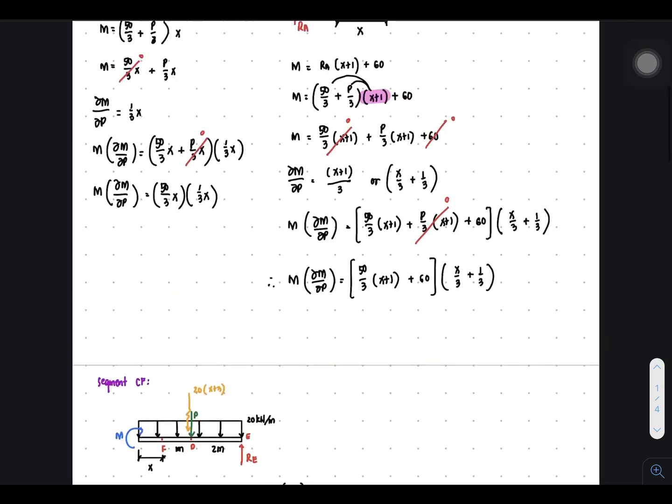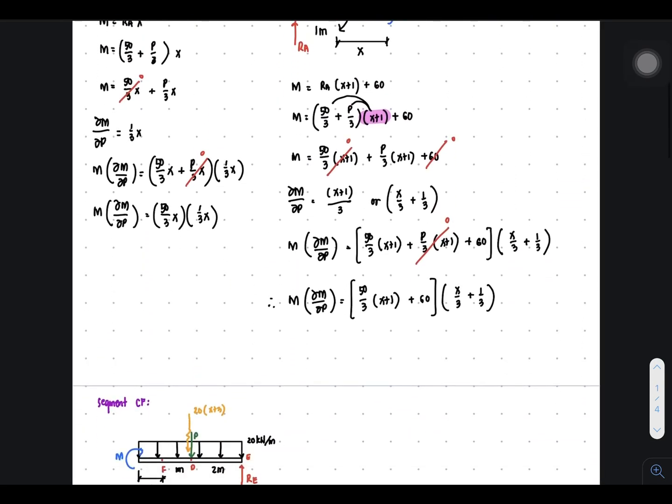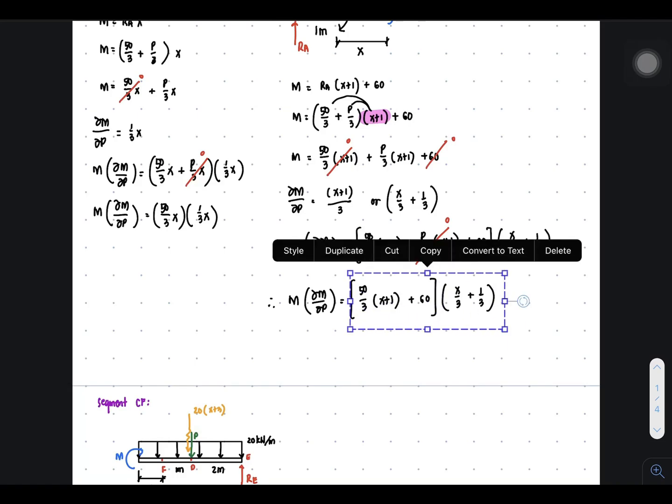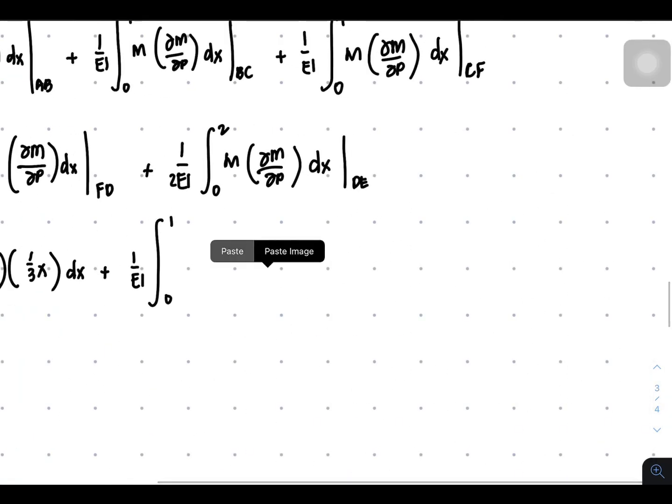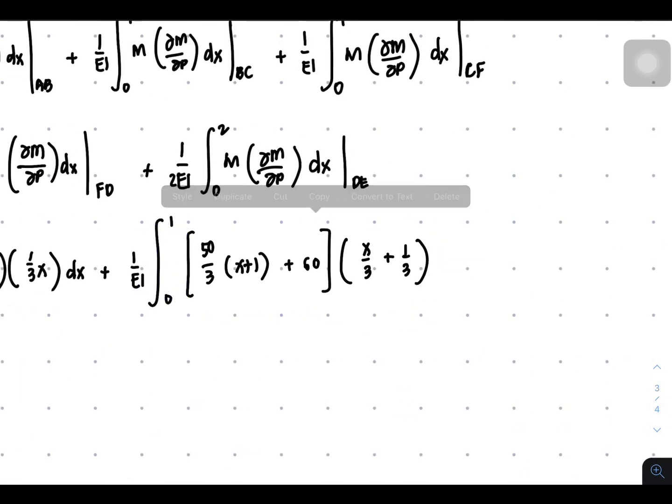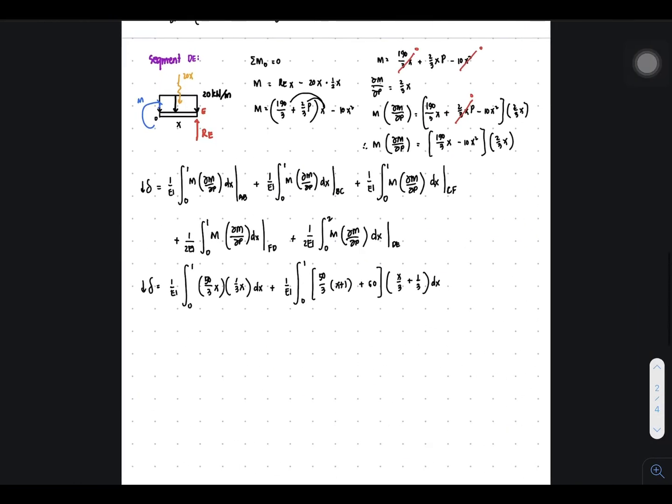So copy BC. Where is BC? Here. This is for BC. You are going to copy that. Paste it here. BC. So this is dx. Then plus the integral, the 1 over EI.